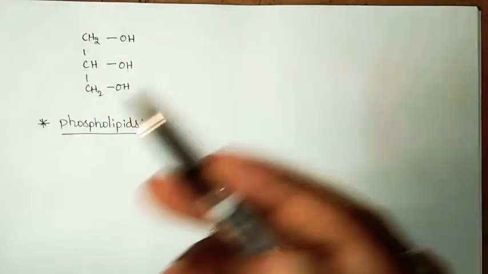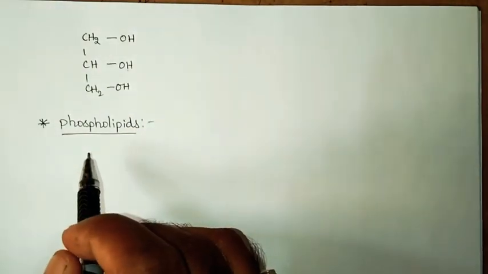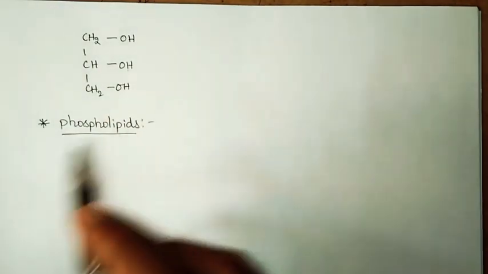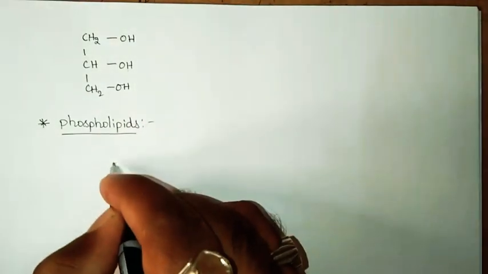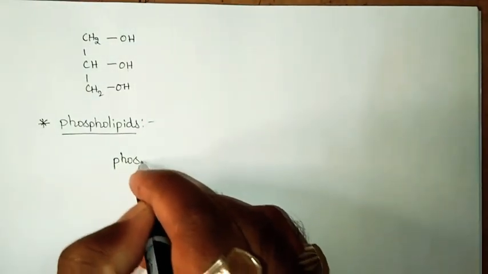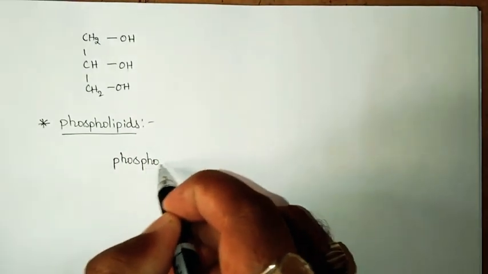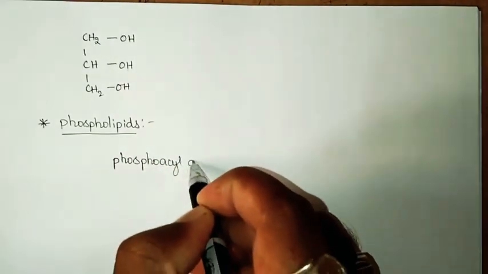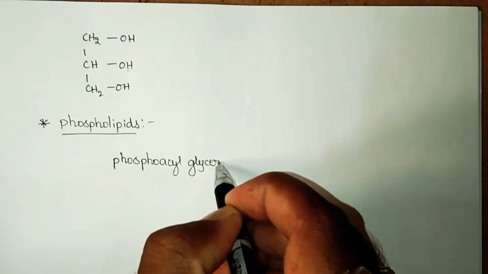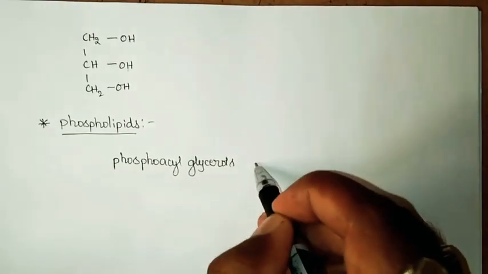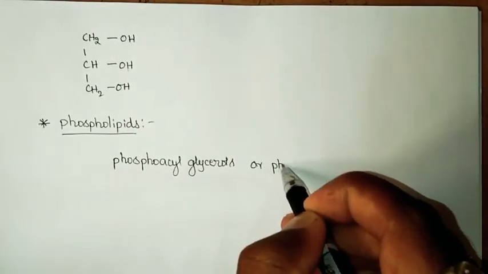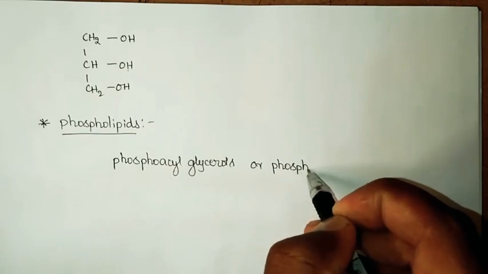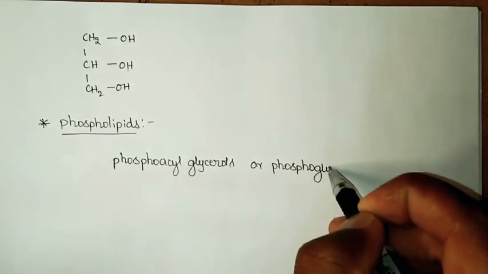And most of the common phospholipids are phosphoacyl glycerols, and these phosphoacyl glycerols can also be called phosphoglycerides.